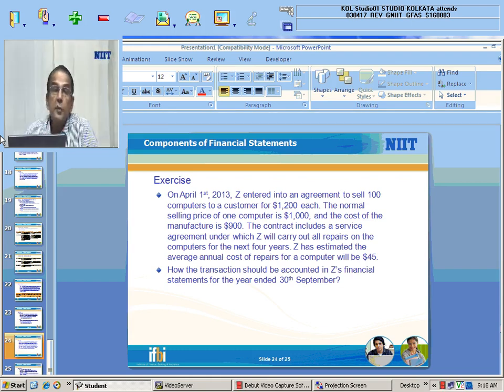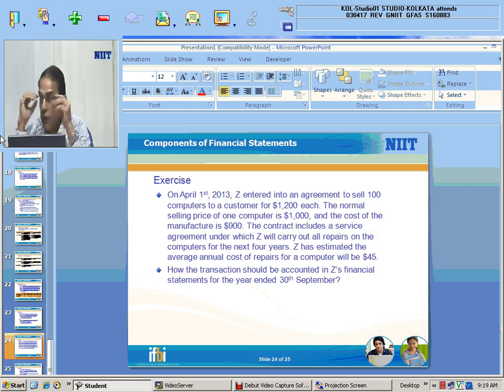This is a 48 month contract, 4 years, and 6 months have been completed. So 6 by 48 into 200, that is pro rata on a straight line basis. 200 into 6 by 48 is $25, which will be recognized as service revenue on a straight line basis. The remaining $175 will remain as deferred revenue in the books.